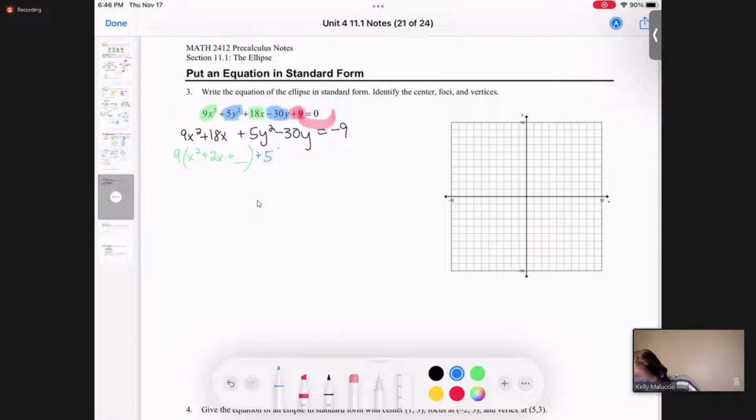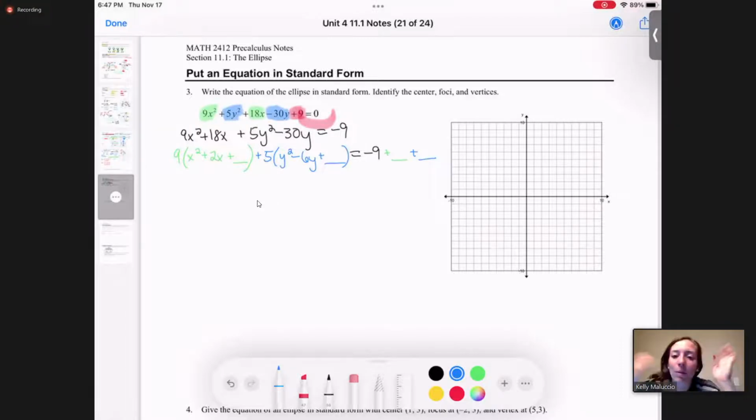Then I'll say plus 5 times y squared minus 6y, again, plus blank for completing the square. And then I'll say this equals -9, but then I'm going to have plus blank and plus blank, because whatever I do to one side, I have to do to the other side to make it even, okay?